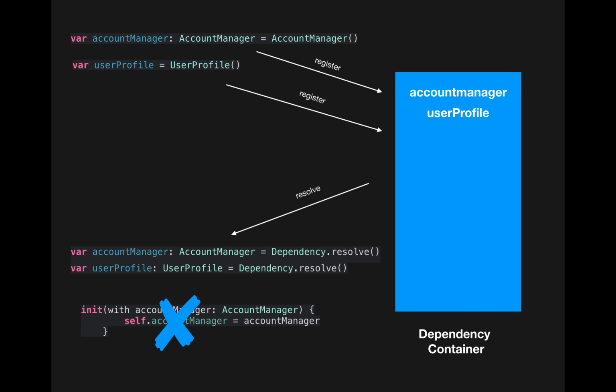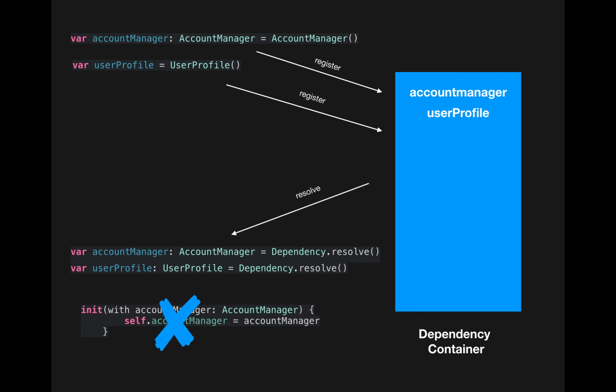Now we don't need any initializer with dependencies because we have dependency container. We can simply fetch the dependency we require from the dependency container. Before resolving a dependency, we must ensure that it is already registered to the dependency container.